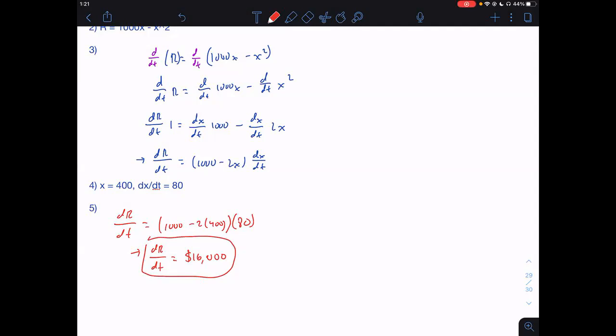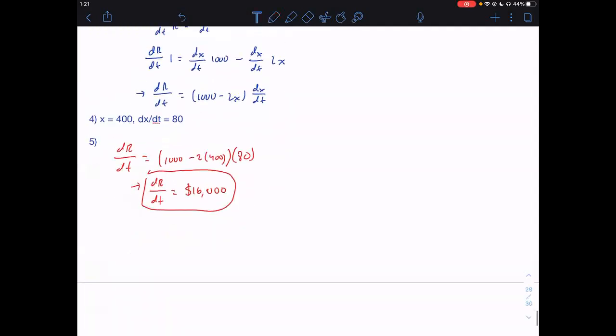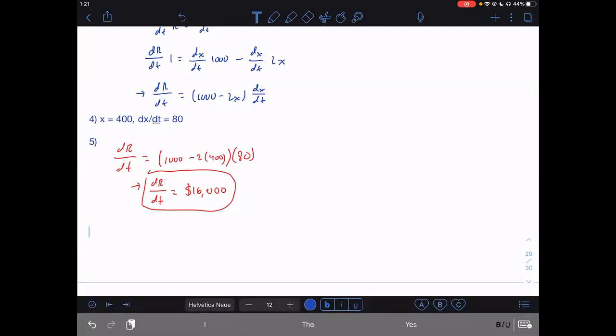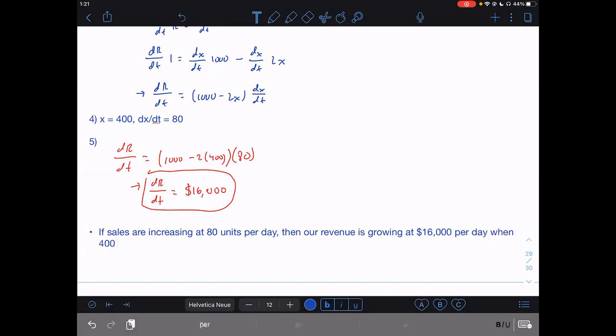Okay, so what is this telling me? This is telling me that if sales are increasing at 80 units per day, then our revenue will be growing at $16,000 per day when 400 units have been sold.